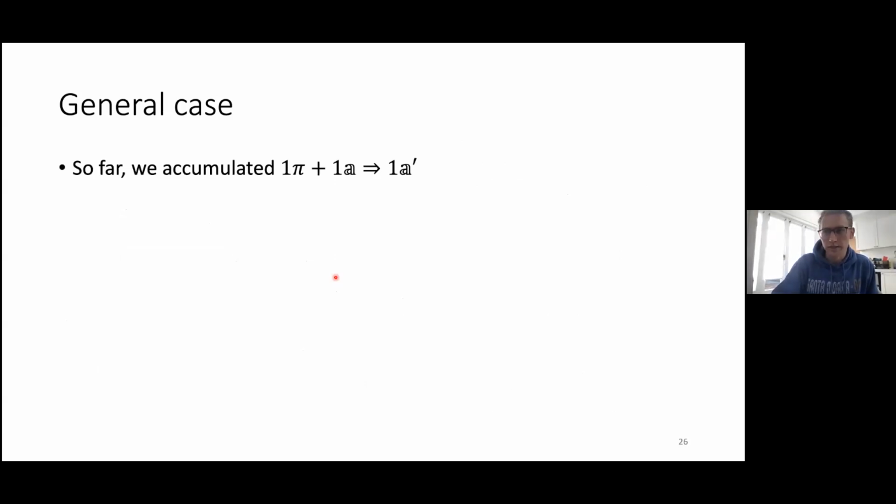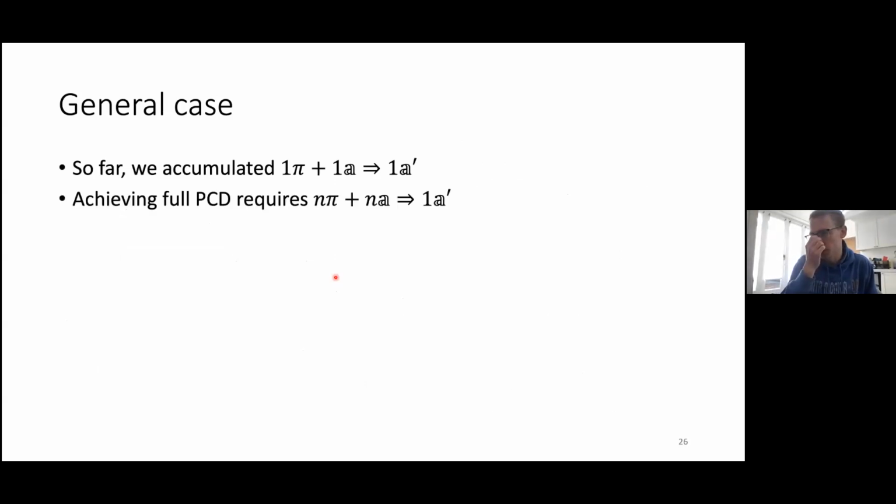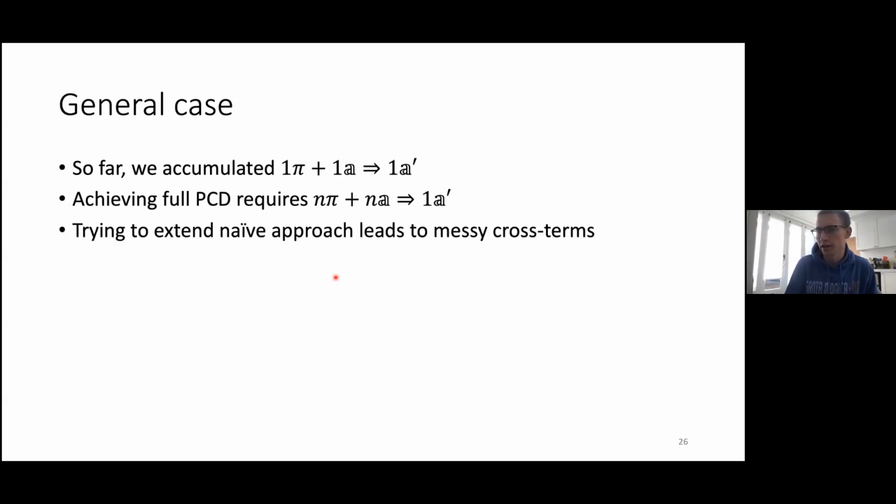So far, as I said, we accumulated one proof and one accumulator into one new accumulator prime. If we want to achieve full PCD, we need to accumulate n proofs and n accumulators into one accumulator. In all of the previous accumulation protocols that we looked at, this fairly trivially generalized. Here, this is actually not the case.